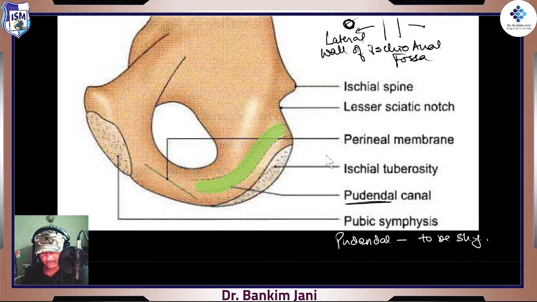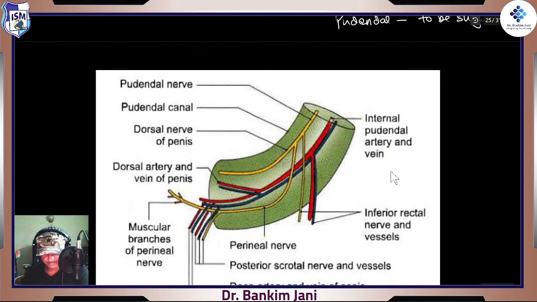See, this is the ischial spine, lesser notch, and that's where the perineal membrane is, and that's the location of the pudendal canal. Posteriorly situated, on both sides, right and left.